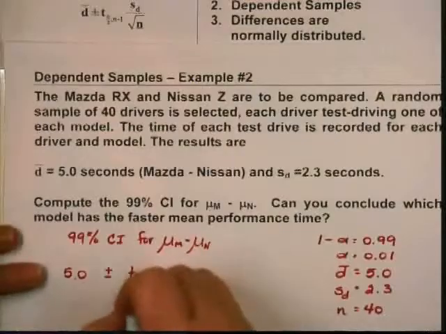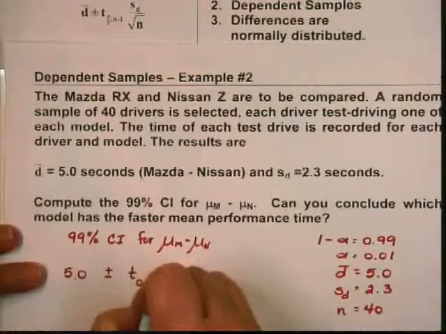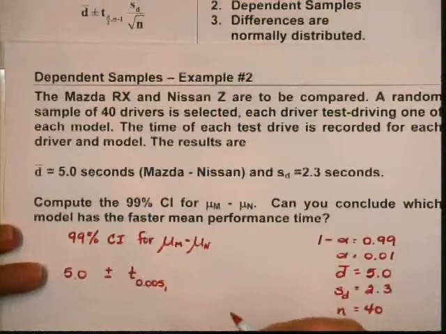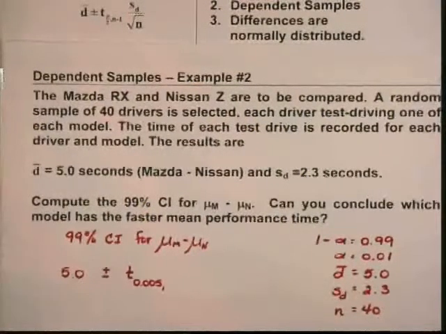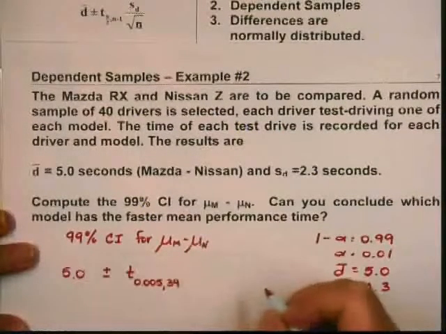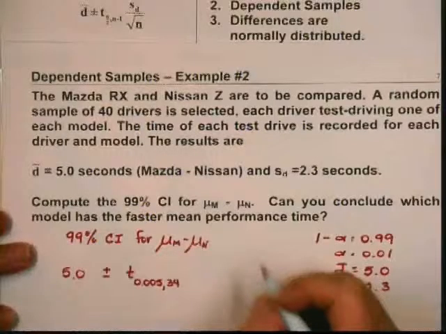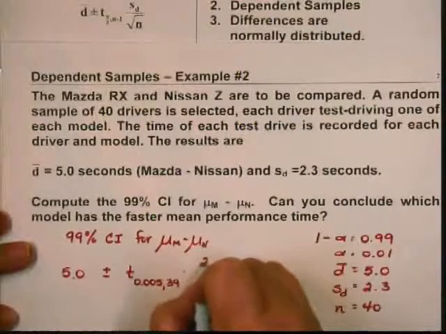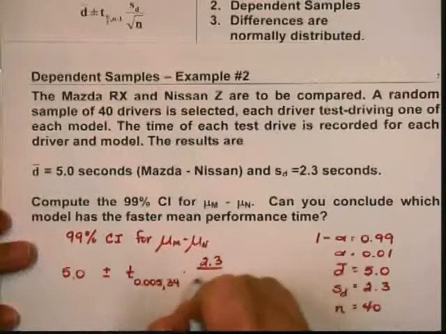Alpha over 2 would be 0.005. And how many degrees of freedom? 39 degrees of freedom. We're multiplying this value of t by 2.3 over the square root of 40.